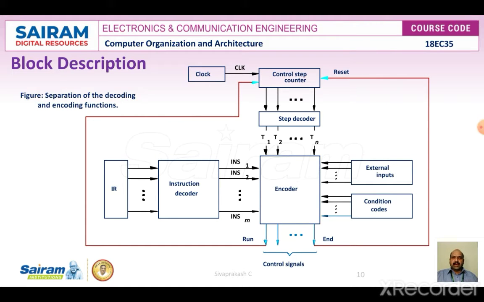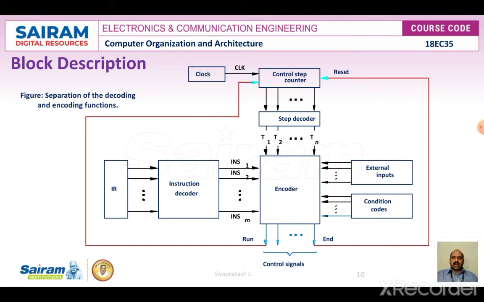For any instruction loaded in the instruction register, one of the output lines INS1, INS2 or INSM is set to 1 and the other lines are set to 0.